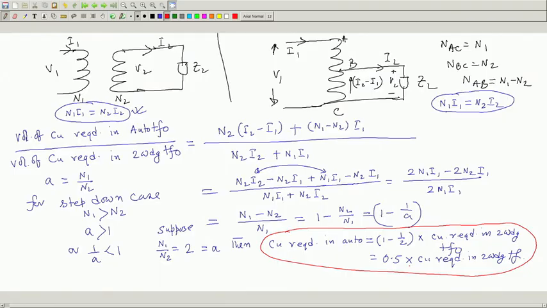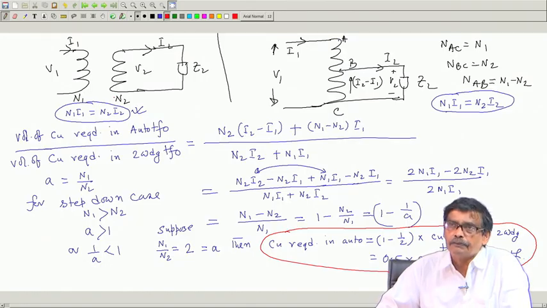I find for the step down case, if turns ratio N1 is to N2 is 2, you are stepping down the voltage, here also you are stepping down the voltage. Then I find, oh my God, you will get advantage here, because if you require 10 kg copper there, you will be requiring half of that copper, 5 kg copper. So, weight of the transformer will be less, initial investment will be less, and so on.